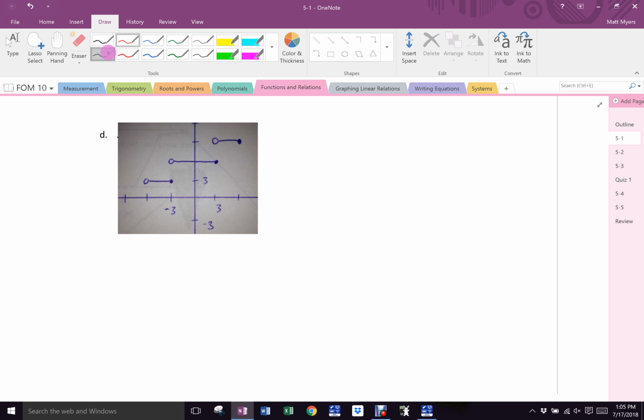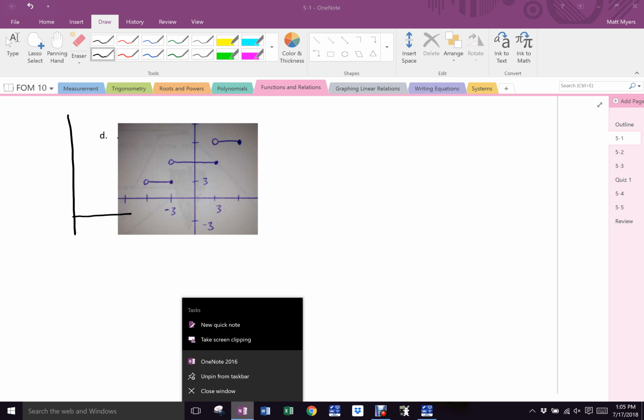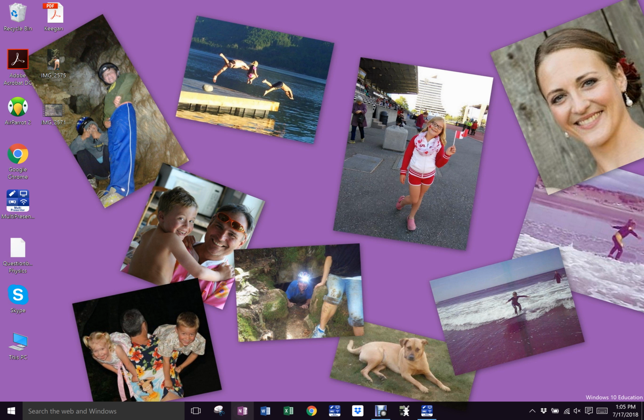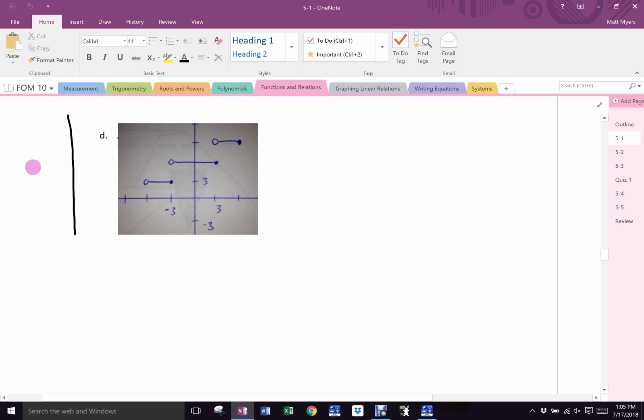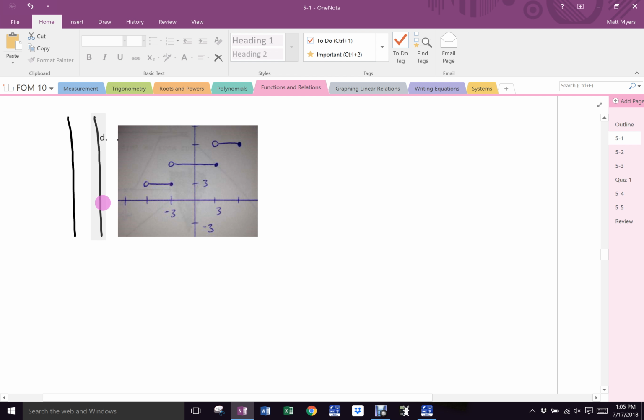Is it a graph? Yep, so we can check with a vertical line. How many times do I hit it?